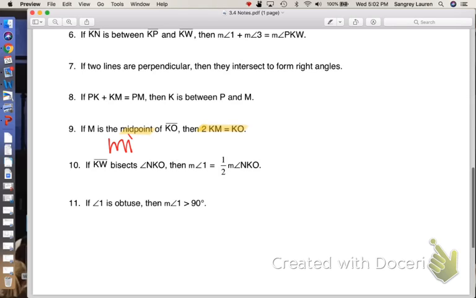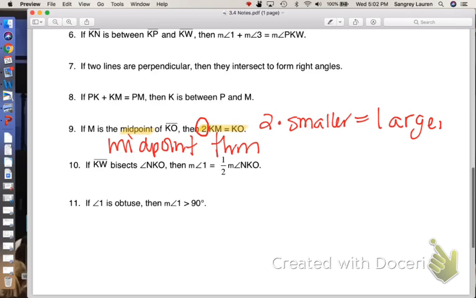This is the midpoint theorem because we are taking 2 times the smaller segment to be the bigger one. So anytime we do 2 times the smaller segment to equal the larger one, or half of the larger segment to equal a smaller one, that is the theorem, the midpoint theorem.